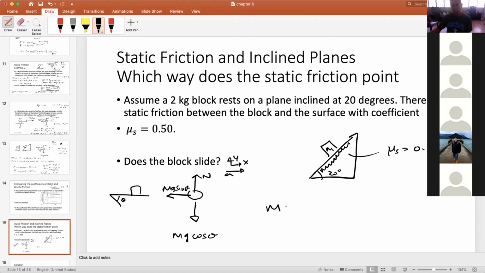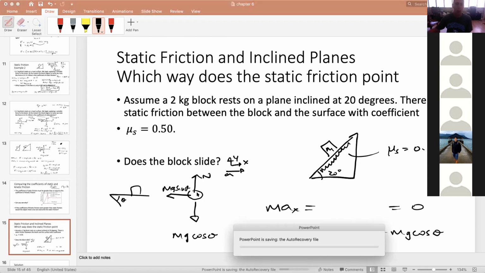Now, this is what I was trying to get at earlier. We know that the sum of forces in y is 0 because it can't leave the surface. But the x also has to be 0 because it's static. And we only have one force on our diagram right now because we haven't put friction on here.